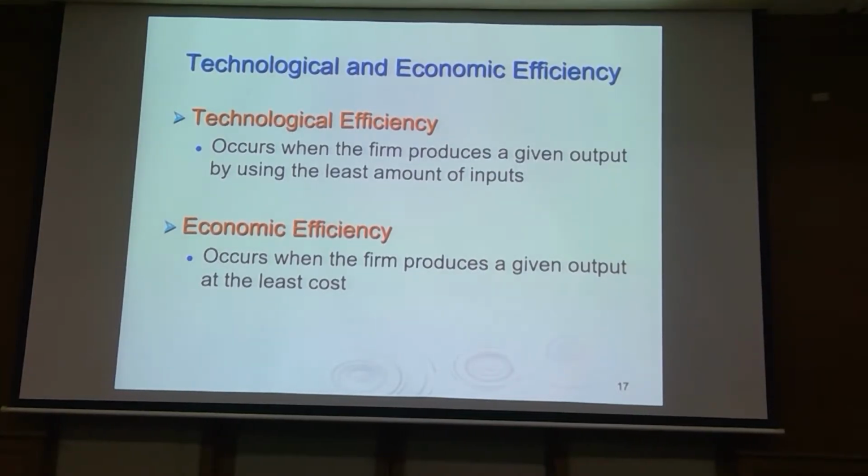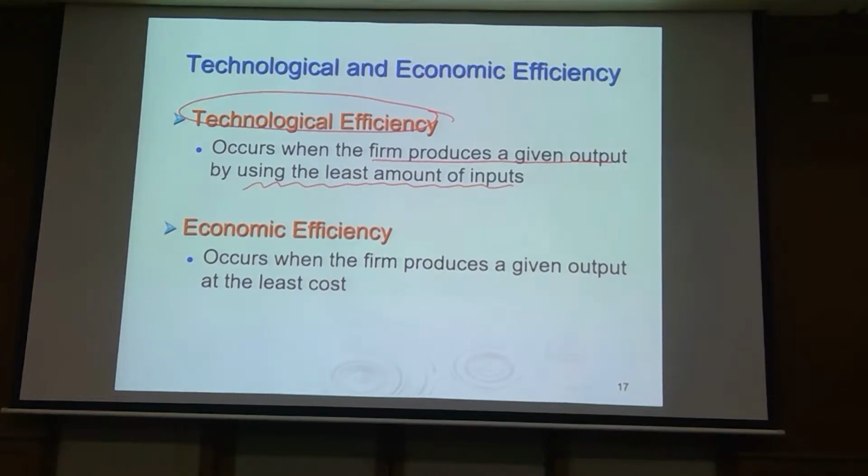The first kind of efficiency we call technological efficiency. So what do we mean by this technological efficiency? It's the situation where when we produce a given output, we can use fewer inputs. So it means to produce a given level of output, you are able to use a fewer amount of input. So of course, you achieve technological efficiency in the production process.